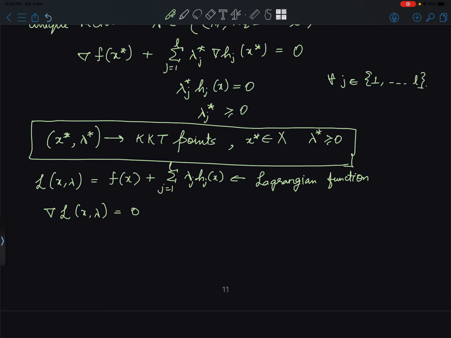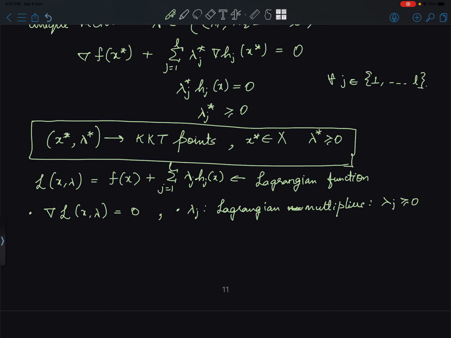Then we call the individual lambdas the Lagrangian multipliers, which are greater than or equal to 0.